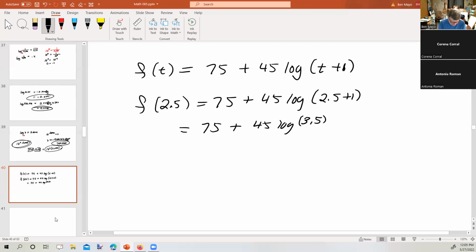So on your calculator, 75 plus 45, and then log 3.5, close up the parentheses, equals, and I get 99.48. So the nearest whole sunfish would be 99. So we'll say about 99 sunfish. Okay? We all right with that?